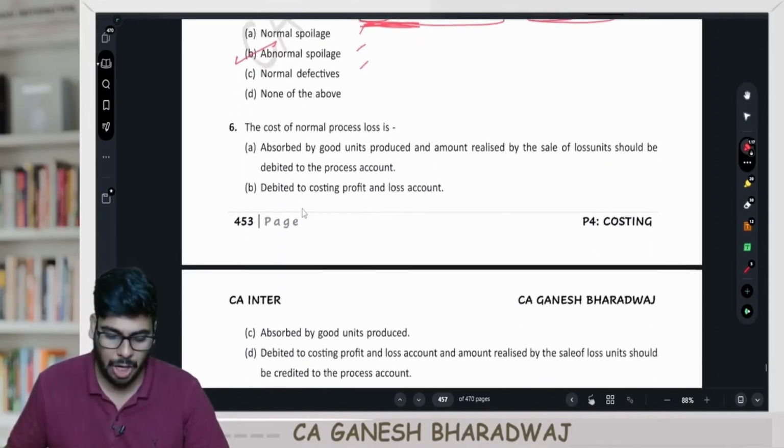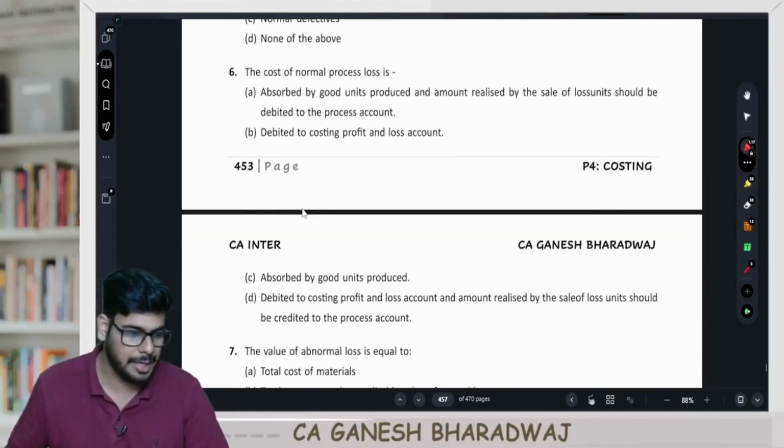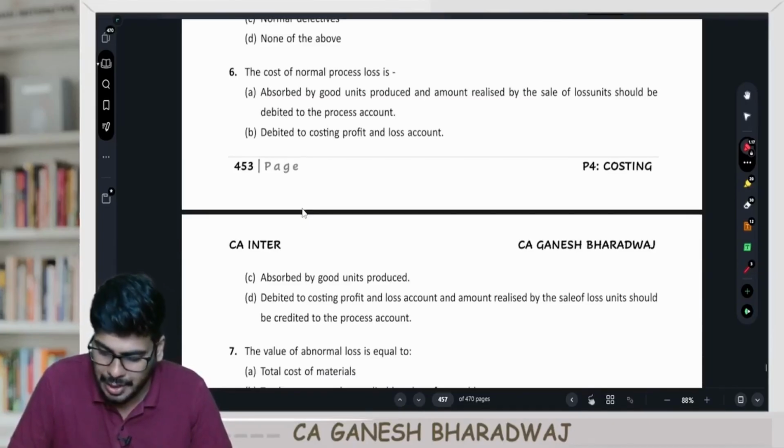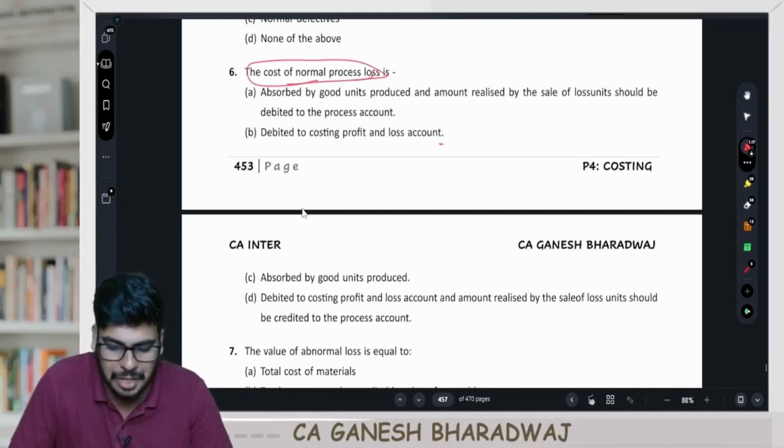The cost of normal loss is: A, absorbed by good units produced, and the amount realized by sale of lost units should be debited to the process account. Or B, debited to costing P&L account. Is B correct? The cost of normal loss should be debited to costing P&L.